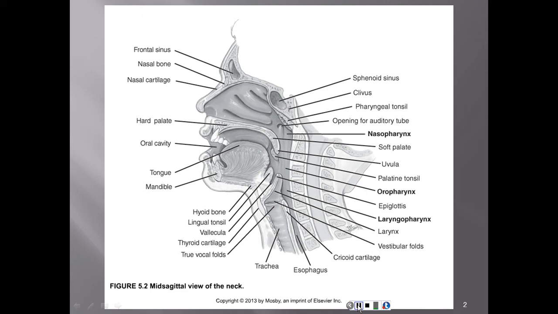The oropharynx is the posterior extension of the oral cavity and extends from the soft palate to the level of the hyoid bone. The narrow laryngopharynx continues from the oropharynx and lies between the hyoid bone and the entrance to the larynx and esophagus. It continues as the esophagus at the level of the cricoid cartilage of the larynx.